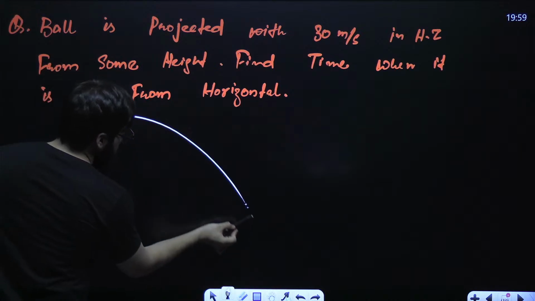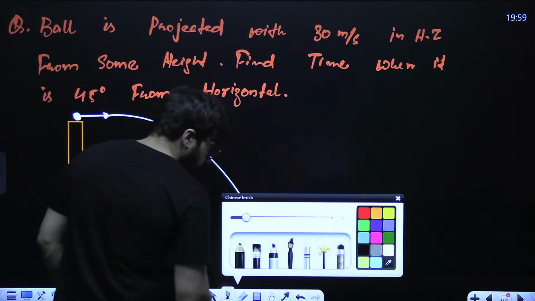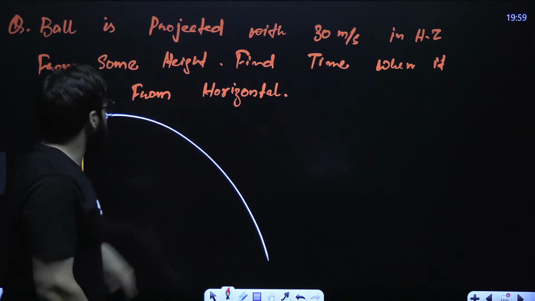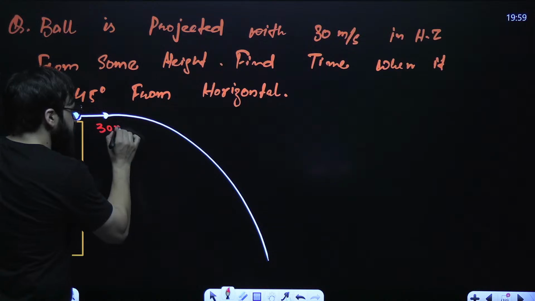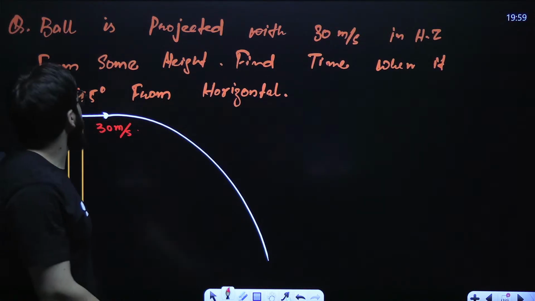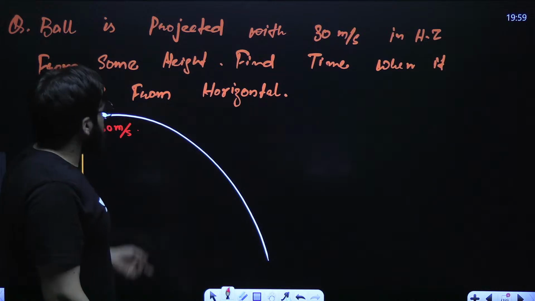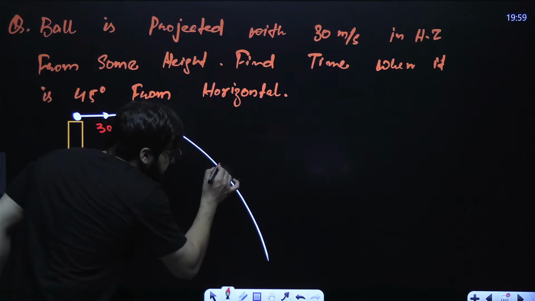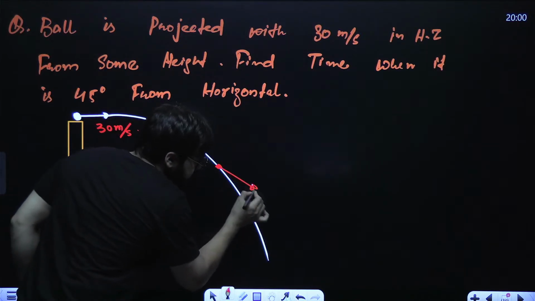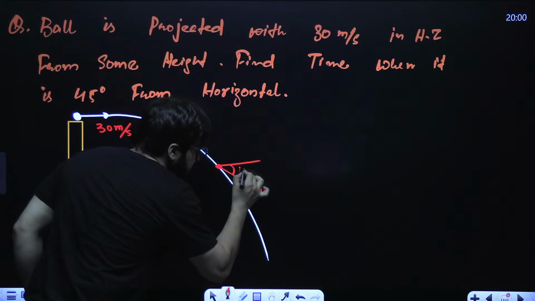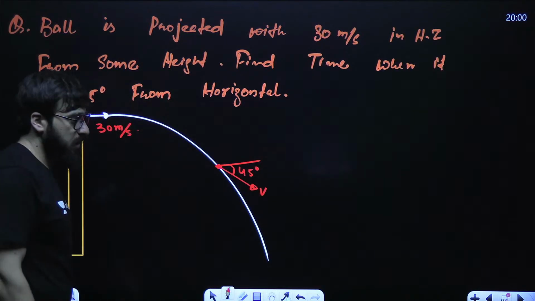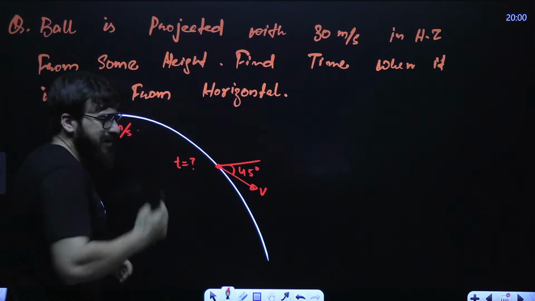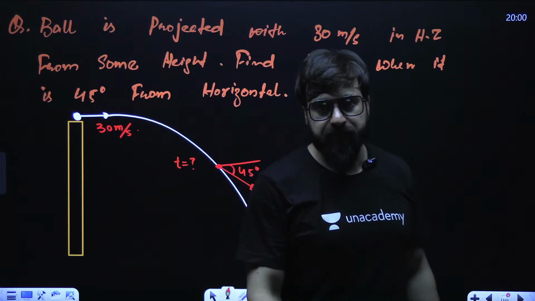The velocity is given as 30 meters per second in the horizontal direction. Let's suppose here this ball is making 45 degrees with the horizontal. We are supposed to find the time at this particular point. Easy question.